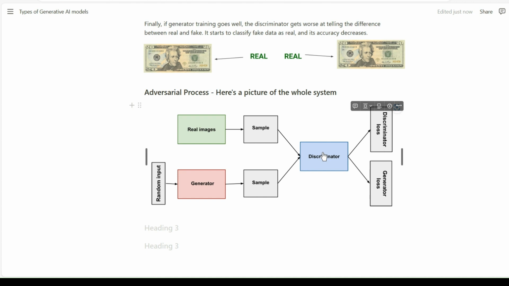This continues until the generator produces more and more realistic data, and at some point the discriminator is fooled as to whether the data generated is real or fake. That is how close to realistic the generator can get while learning from the discriminator.